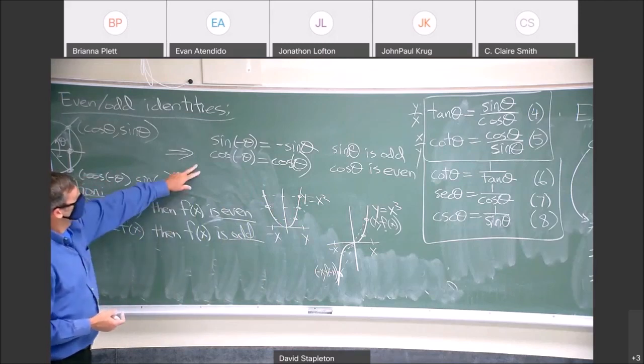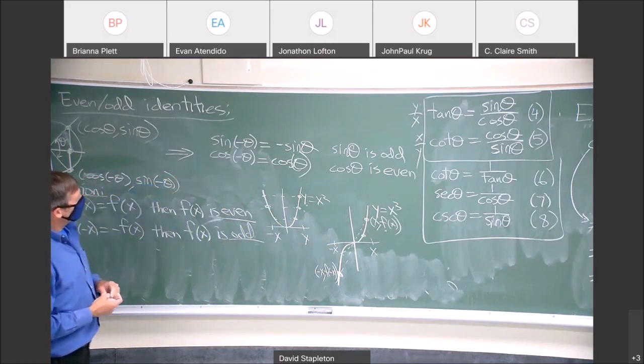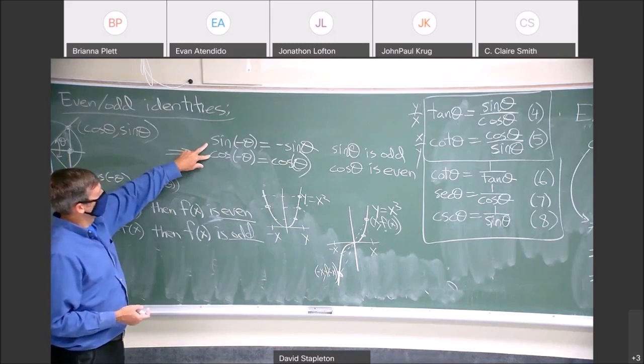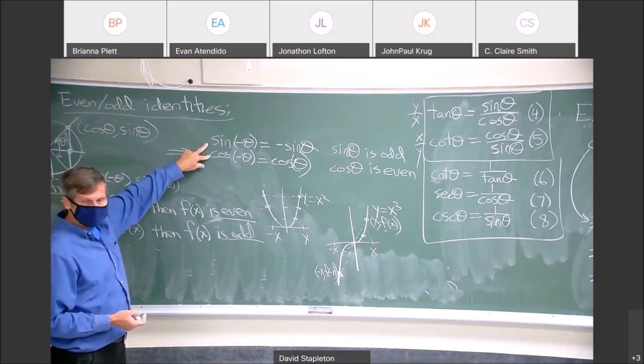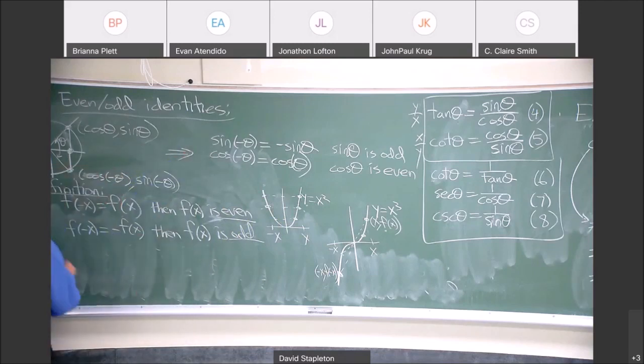Okay. So what's going to happen is we're going to graph these soon, and we're going to find out these have the same properties. It turns out that every trig function, all 6 trig functions, are either even or odd.